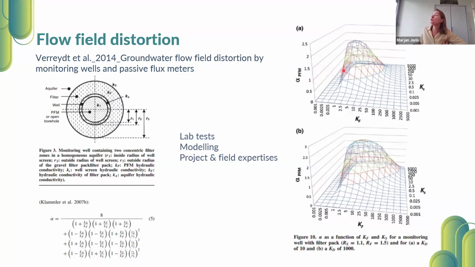But we do correct, so you can compare results in different types of wells, and this will also help to see which wells are best suited for a typical situation of a typical site if you want to install new wells.